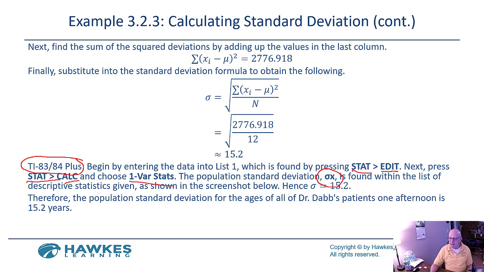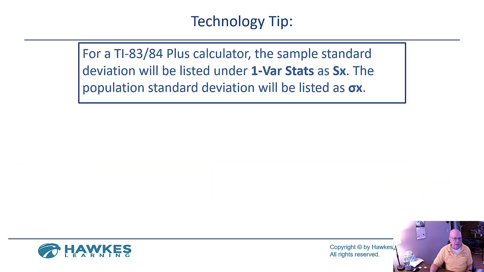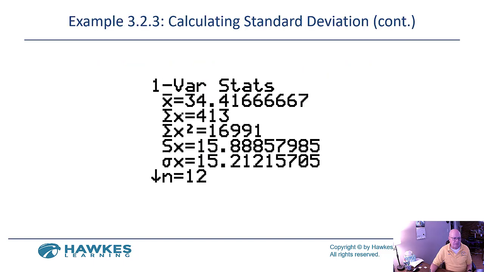One-to-one probably is the best idea because I can see you putting stuff in the calculator. The only thing I have to ask is, if you do, don't do it at triple speed where I can't see what keys you're hitting as you go through it. So there's a technology tip, which was on the previous one. That's what it should look like when you hit the one variable stats.